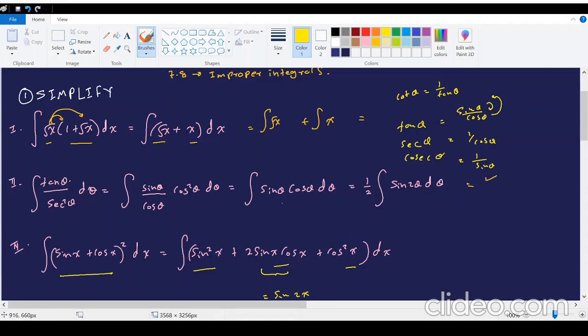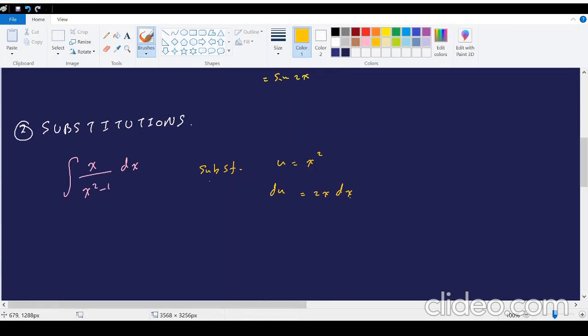And the second point is to see whether you have any obvious substitutions. For example, in an integral like this, if we substitute u equals x squared, we obtain the relationship between du and dx like this: du is equal to 2x dx, and here we have that x dx term. So it's just a matter of combining it with a number, which can be done very easily.